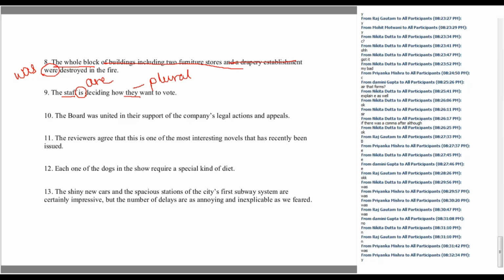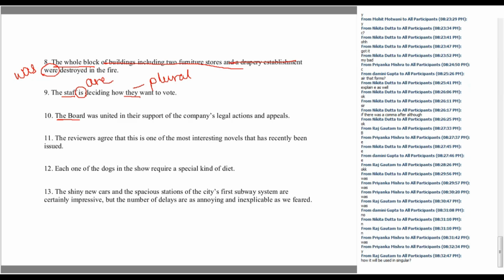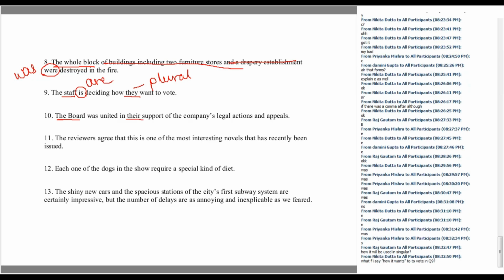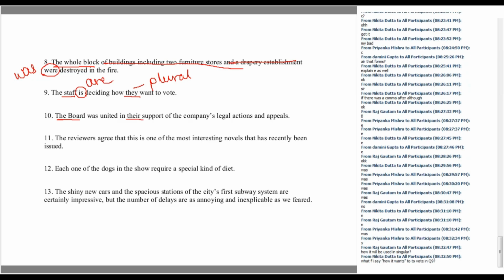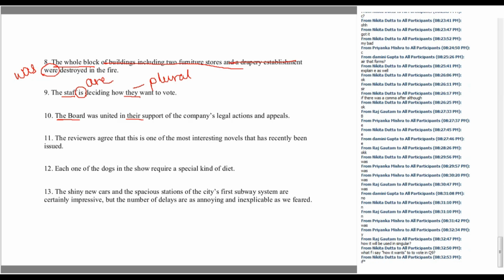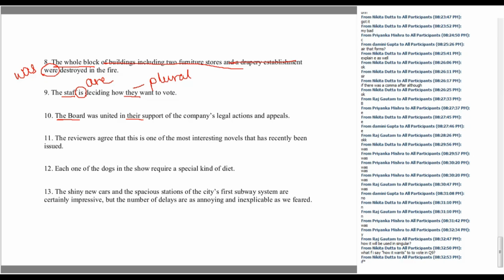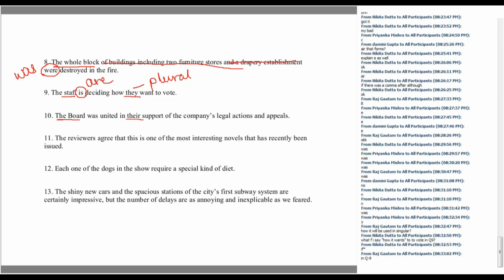Okay. Number 10. The board was united in their support. Now, as far as the board is concerned, I'm using the word their. Raj, how will it be used in singular? Okay, how can we use it in singular? The staff is deciding how it wants to vote.